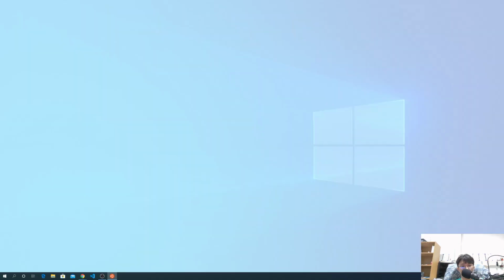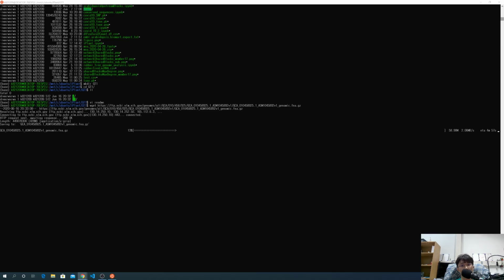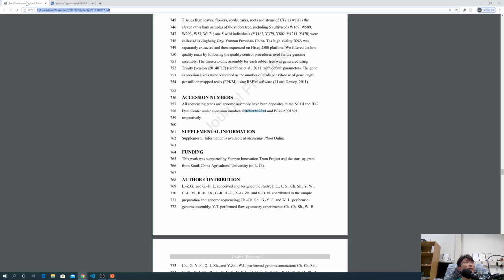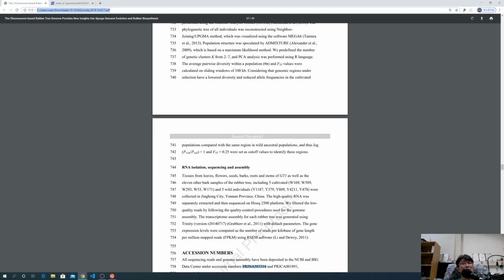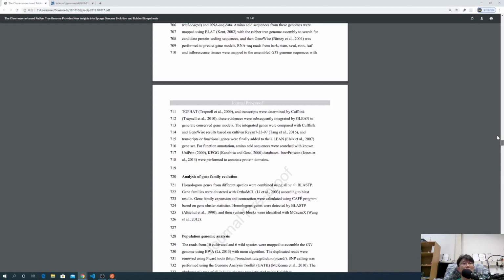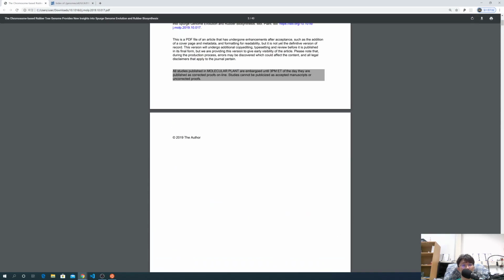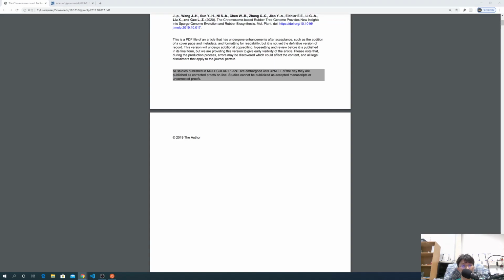And let's read a bit about the paper. So what is new? And what is the impact factor of Molecular Plant? Molecular Plant impact factor. So it is just 4.379.